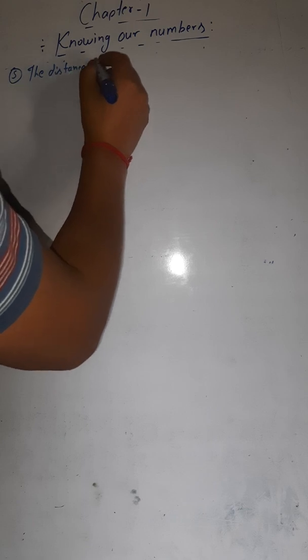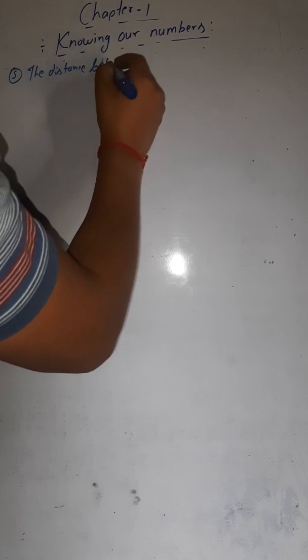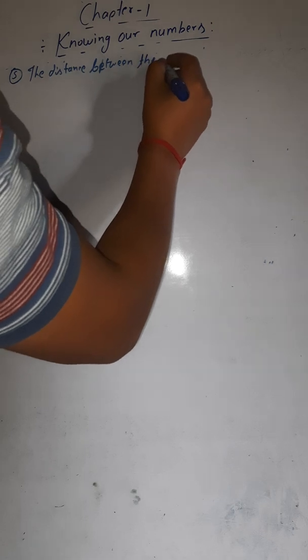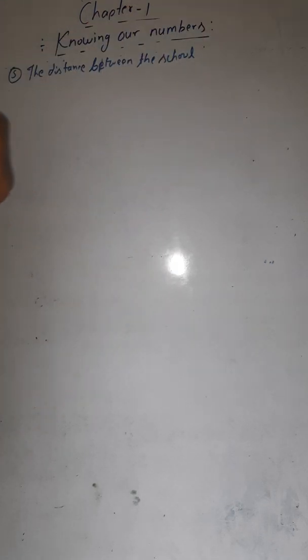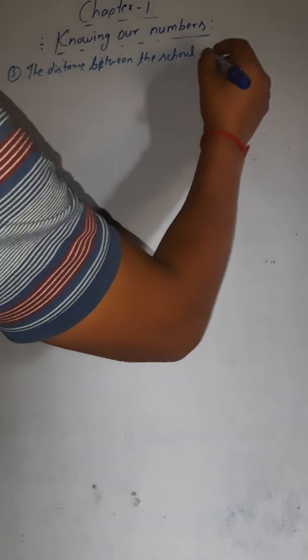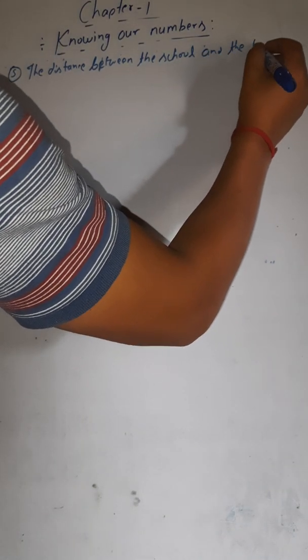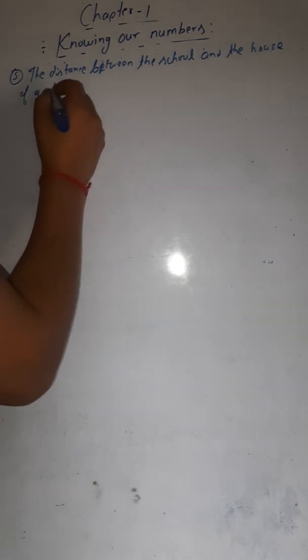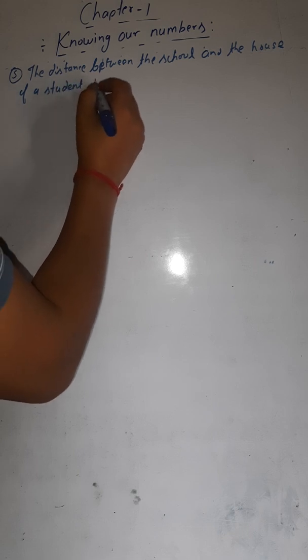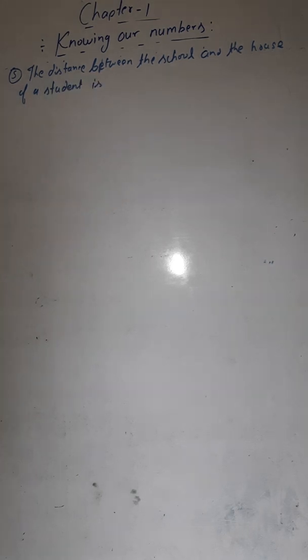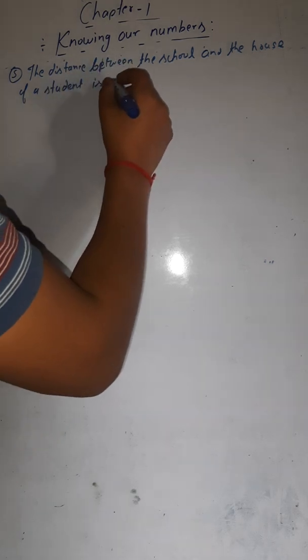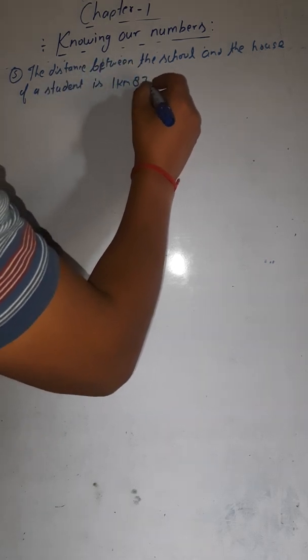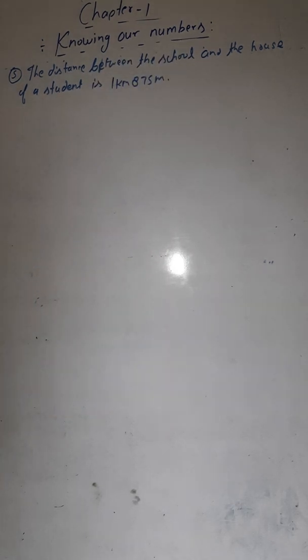The distance between the school and the house of a student is 1 kilometer 875 meter. So this is the distance between school and the house.